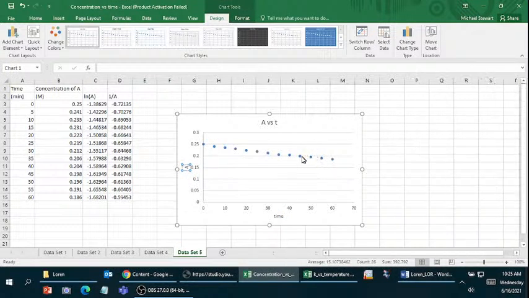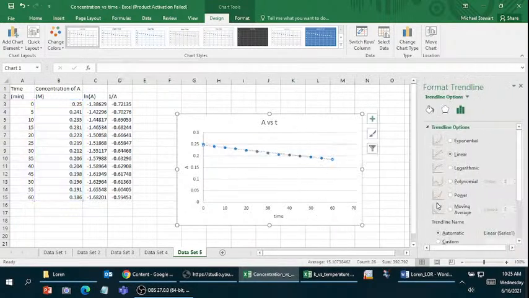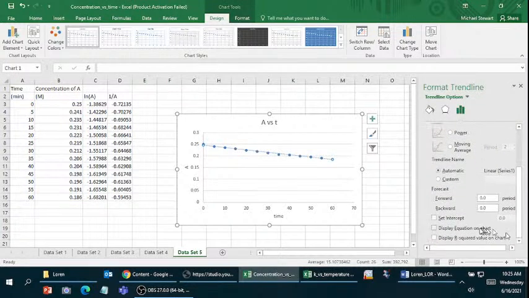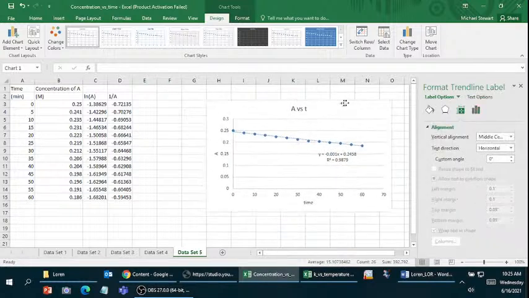So this is our first plot. What we're going to do is add a linear regression to it. Big things up here: display equation on chart, and display R squared.